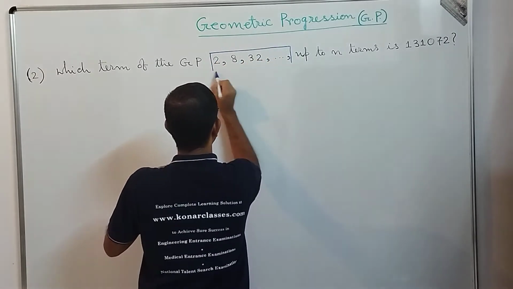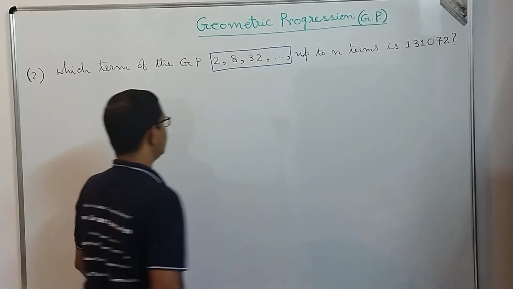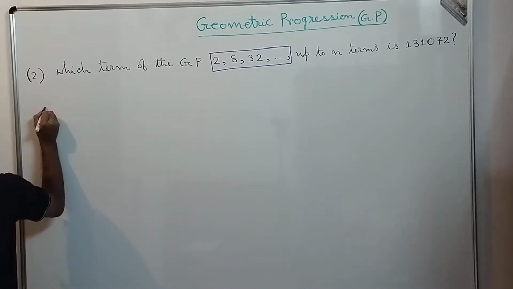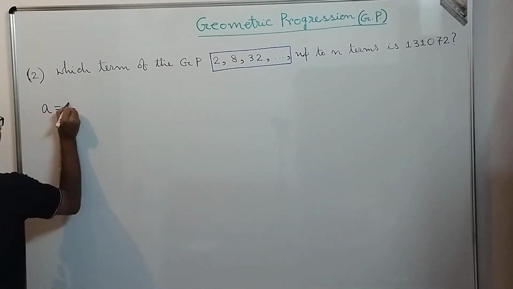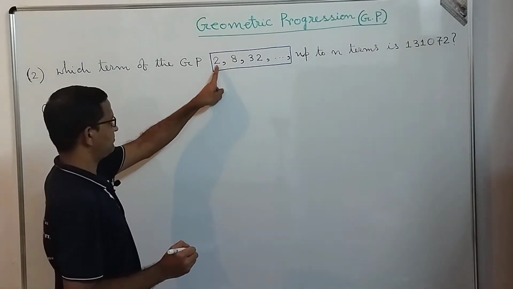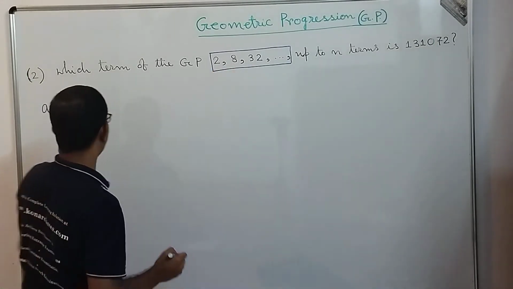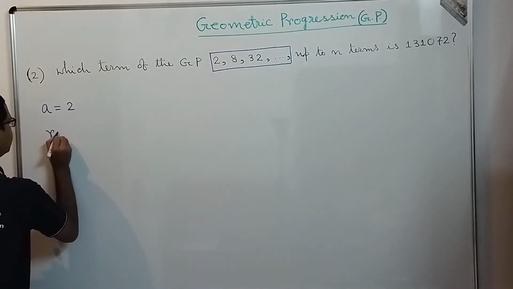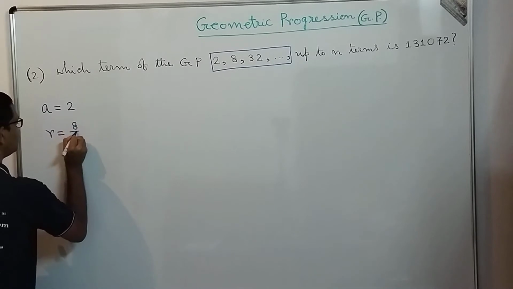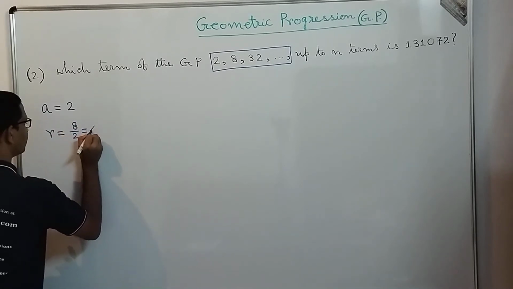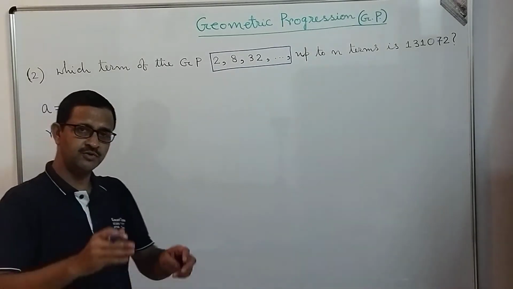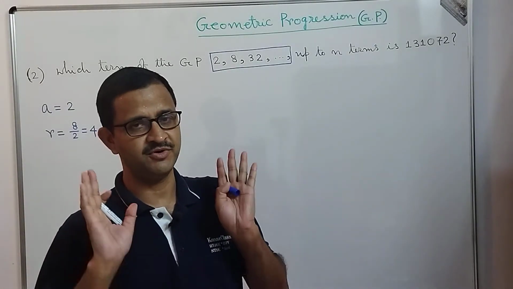Now as we know this GP, dear students, what is the first term? A, that is equal to 2. That is the first term of this GP. And what is the common ratio? R, that is equal to 8 by 2, that is equal to 4. Correct? So we know the first term and the common ratio.